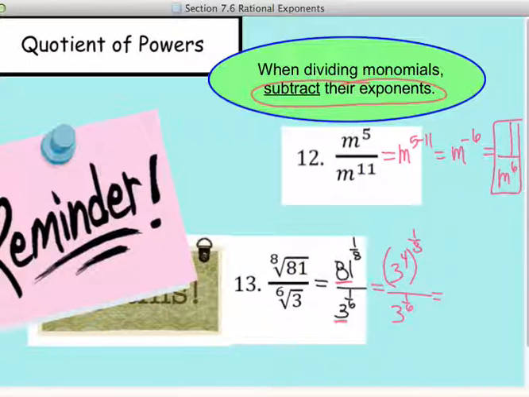So if I rewrite this, 4 times 1/8 would be 4 over 8, which is 1/2. Now they both have base 3, so now I can subtract them. It would be 3 to the 1/2 minus 1/6. So I'm going to rewrite this. This would be 3 over 6 minus 1 over 6.